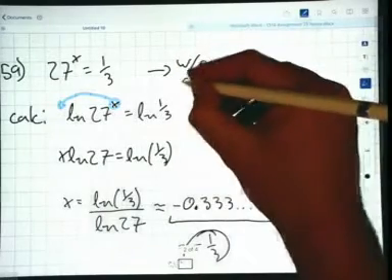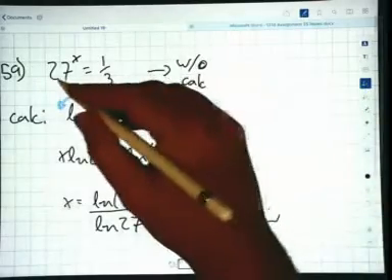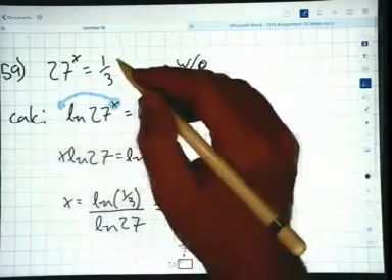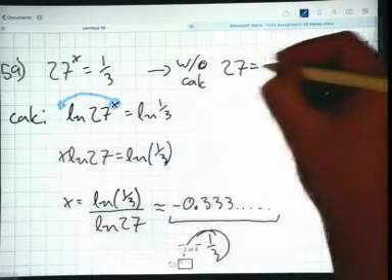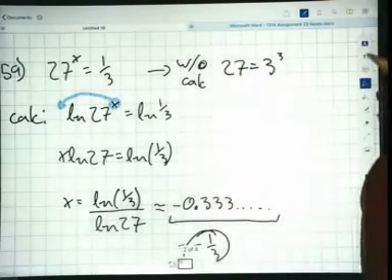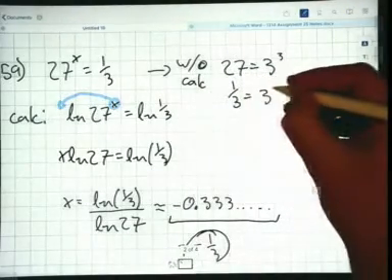Without using a calculator, this is a particular problem where I could rewrite both sides of this equation using the same base. So 27 is equal to 3 to the 3rd, and 1/3 is equal to 3 to the negative 1.